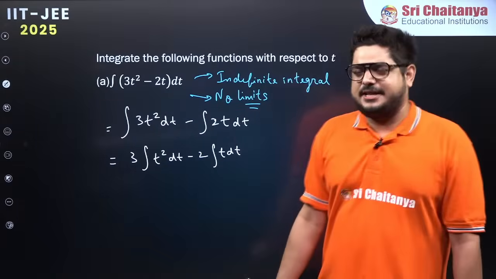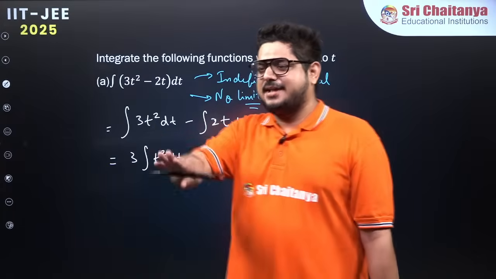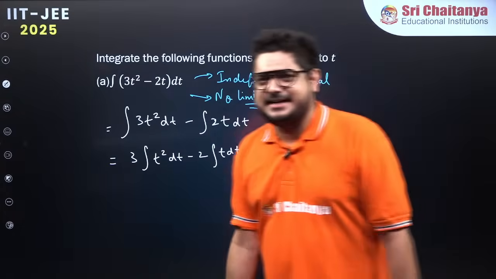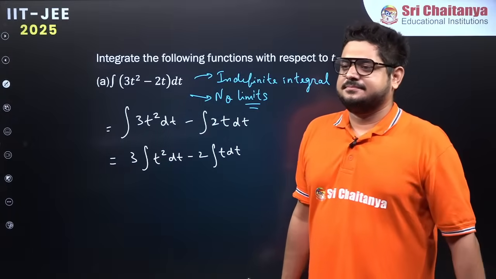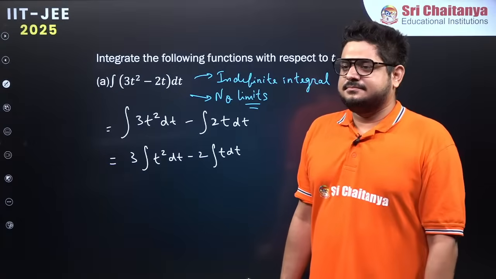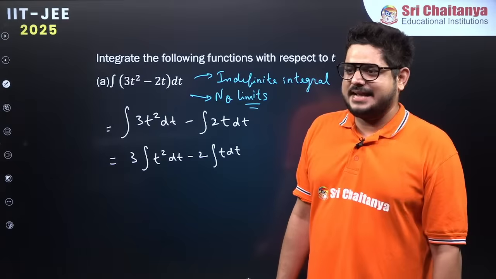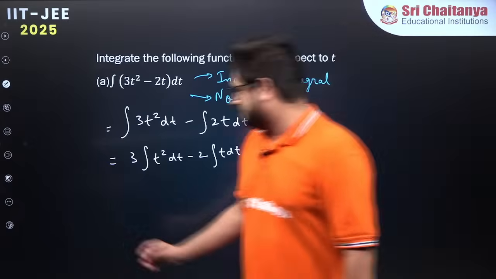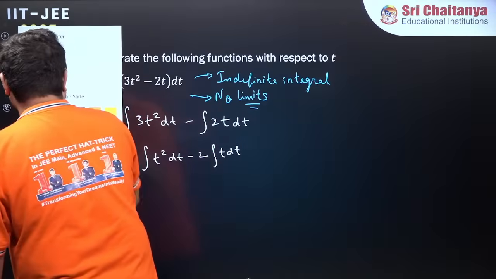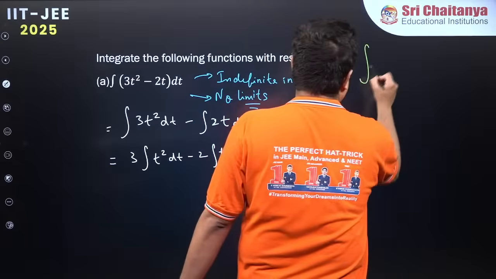Now everyone is insisted to tell me the answer of this. What is integral of t square dt? I just need the answer of integral of t square dt. Please do give me the answer over there. T square dt, yes, correct, Pavan Rama. Next. Differentiate nahi karna hai bhai. Integration. This is integration, right? What needs to be done?